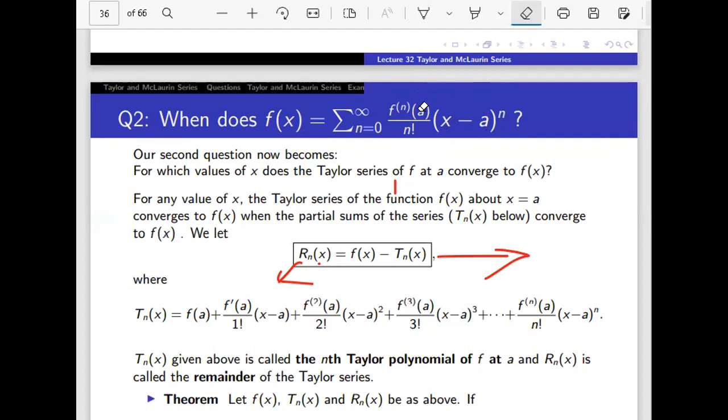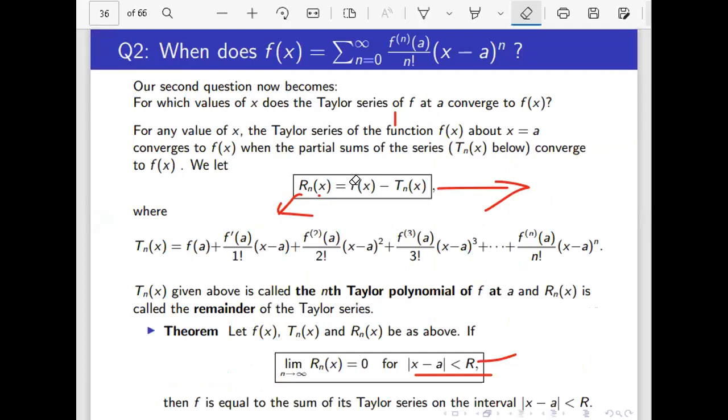Taylor series. Why do we consider a Taylor polynomial? Because we don't have infinite memory in our computer to compute this infinite series. So we have to consider a finite series or power series or polynomial, right? So that's why we compute the error. This is called the error or remainder. So this is the original complicated function at x, and this one is the partial sum of this power series.